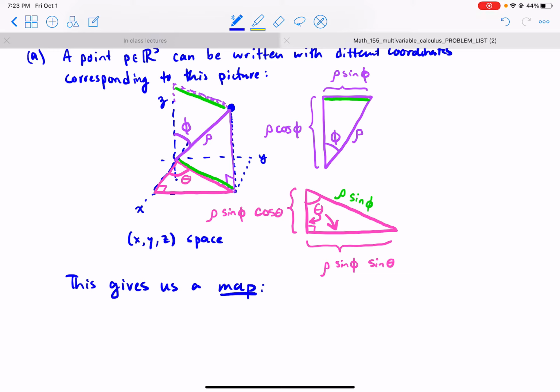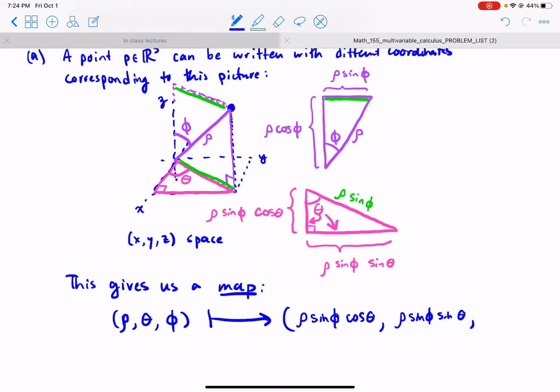It goes from rho theta phi space to xyz space, where now the x coordinate is here, which is this rho sine phi cos theta. The y coordinate is this length, and that's over here, with sine theta. And the z coordinate is this length, which was over here.